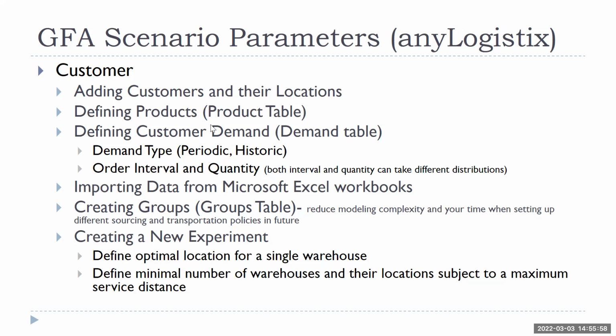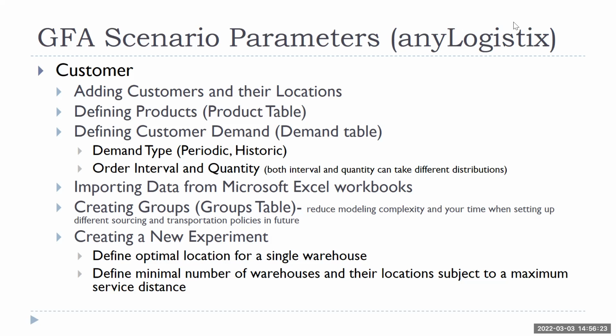In your case, there are 4 electric vehicle models, E30, 60, 90, 120, that you have defined. Defining customer demand: you have to go to the demand table, demand type, periodic and historic. Periodic means what you have done here, right? Weekly, you have told there will be orders of 2, 5, 10 like that for different customers, for different retailers, what kind of electric vehicle demand is there.